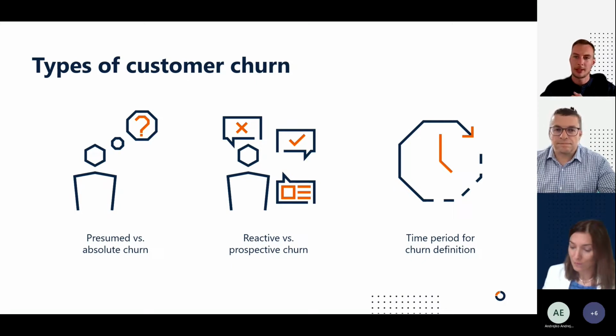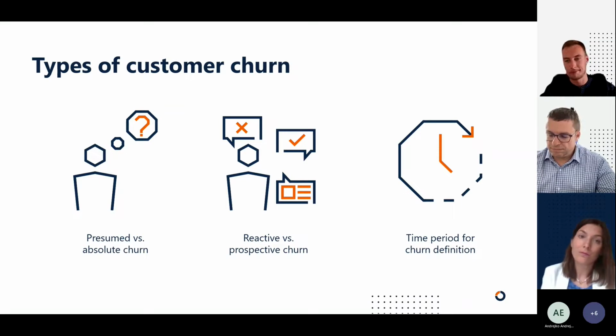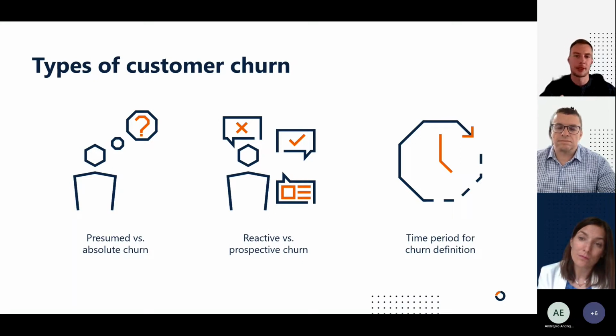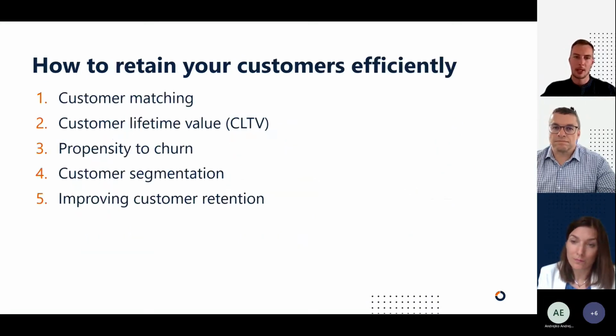On the other hand, if you are shopping for groceries online, you do it usually once a week or once a month. So that means that the churn period is going to be much shorter, and we need to count on that when we set up projects when it comes to retention.